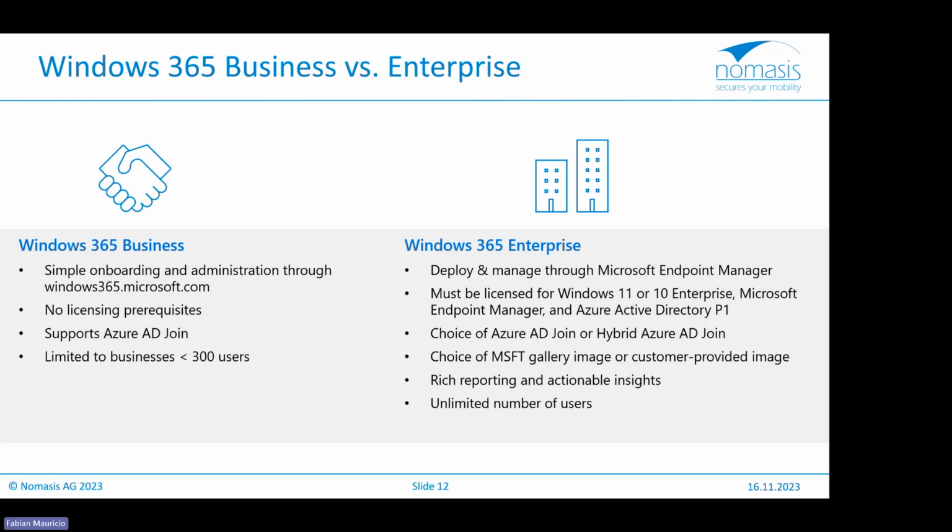It can either be an image provided by Microsoft, so, for example, you want just a simple Windows 11 which already has the Microsoft 365 apps installed, or you might have your own image where you might deploy another endpoint manager solution, or just have your work applications installed. And this solution does not have a limitation on the number of users, and it's really more towards enterprises.